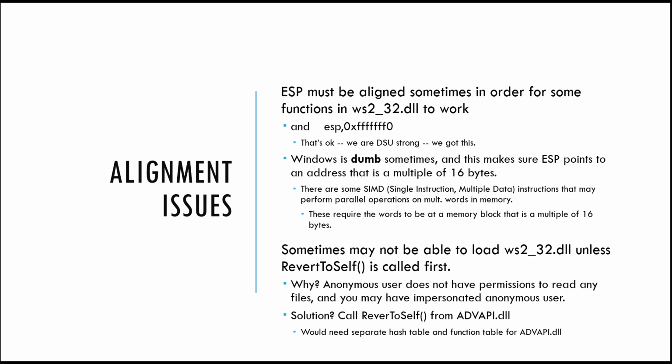But that in particular sometimes does need ESP to be aligned correctly for certain functions. You can certainly try it without that, but if you're running into issues, then this could be one potential cause. So, better safe than sorry. And of course, if you're testing things in a debugger, like WinDbg, you can do it step by step, and you can always see if there are issues that may come up.